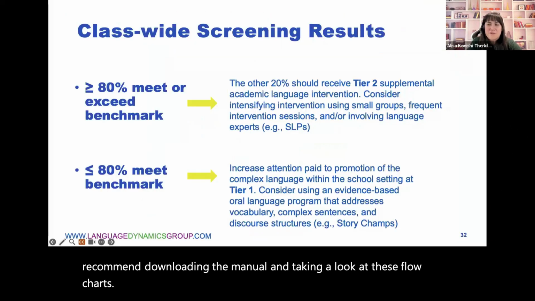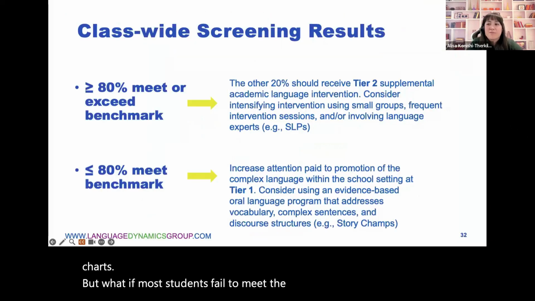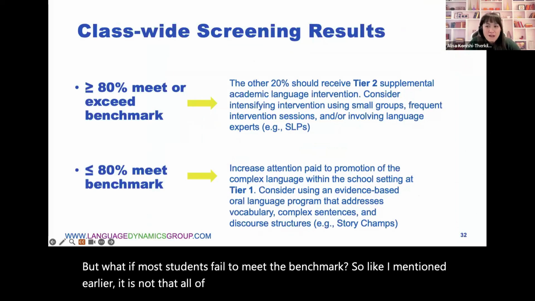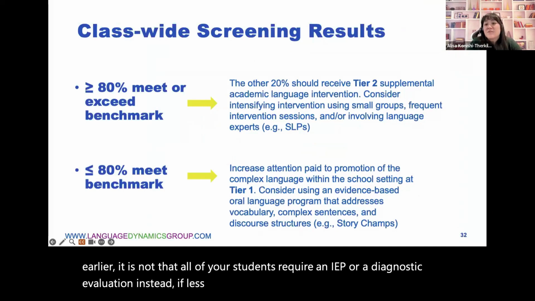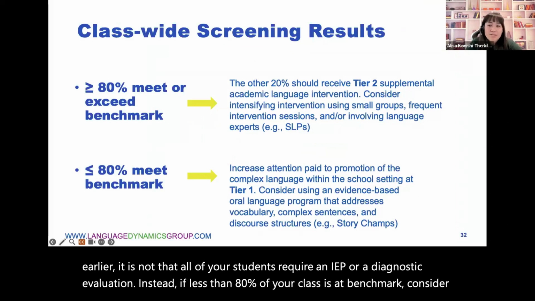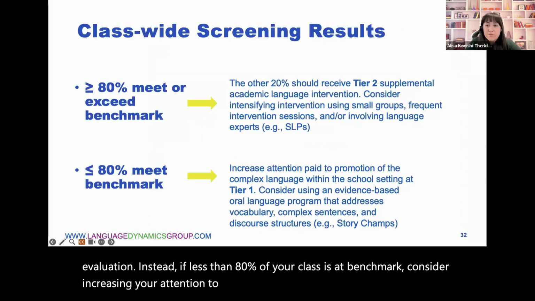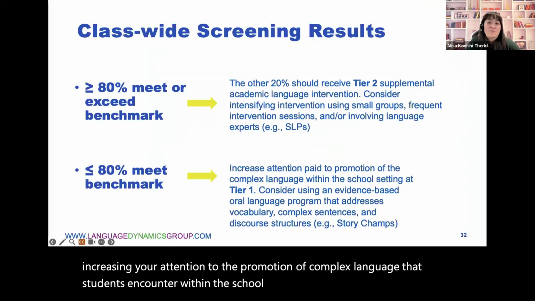But what if most students fail to meet the benchmark? So like I mentioned earlier, it is not that all of your students require an IEP or a diagnostic evaluation. Instead, if less than 80% of your class is at benchmark, consider increasing your attention to the promotion of complex language that students encounter within the school setting while you provide that Tier 1 instruction.